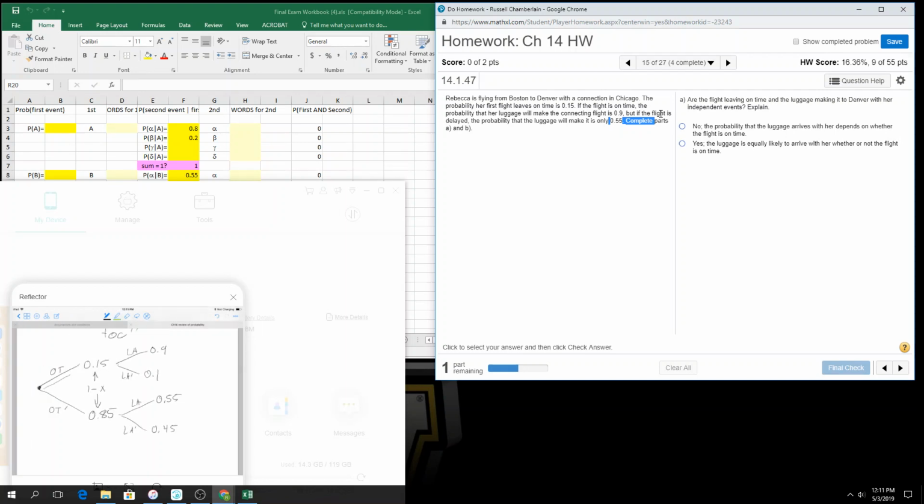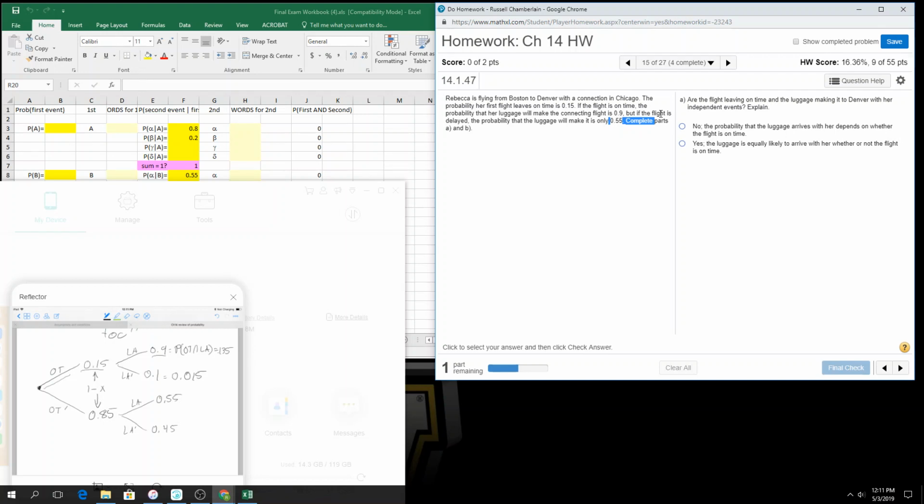So these are ands, right? This is probability on time and luggage arrives, and I would multiply these two together to get that. So 0.15 times 0.9 is 0.135. This one's 0.1 times 0.15 is 0.015.